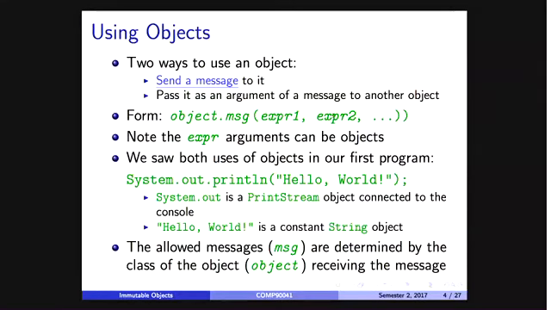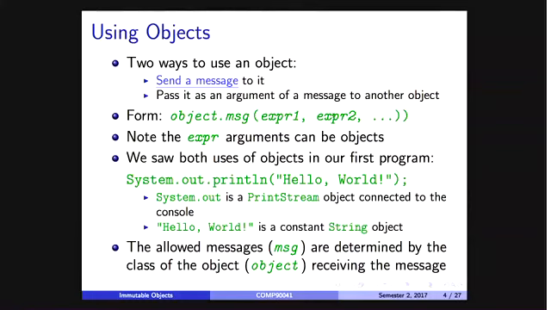Once you have an object, there's two different things you can do to it. One is you can send it a message, and the other is you can send a message to some other object and pass that object on as one of the arguments.